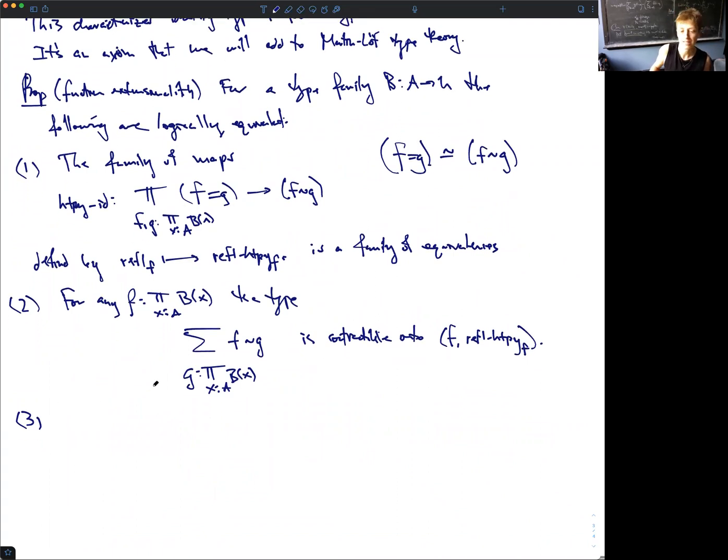And then the final statement is a little bit more abstract, but we could say the principle of homotopy induction holds.